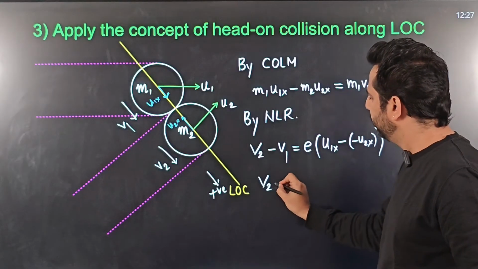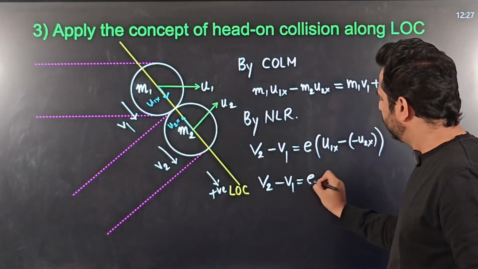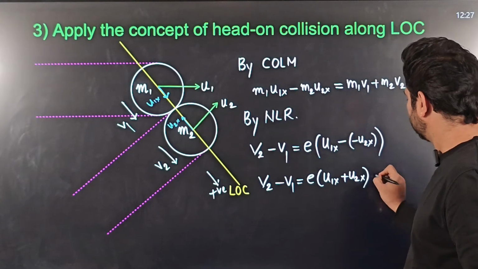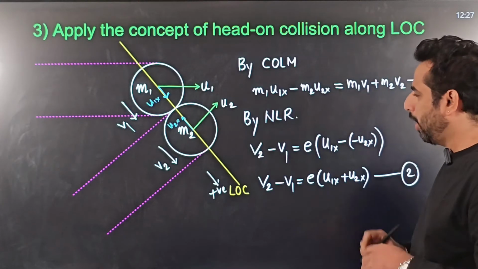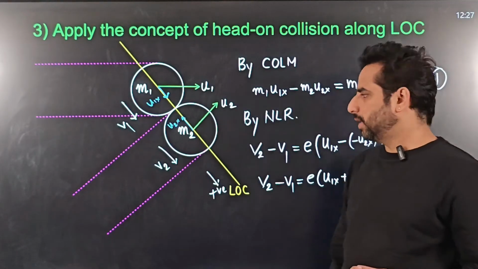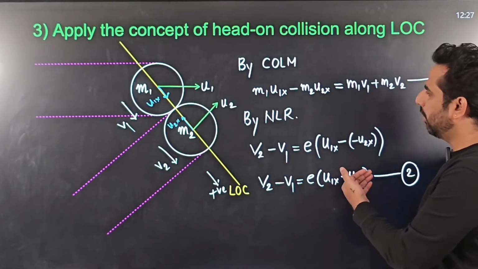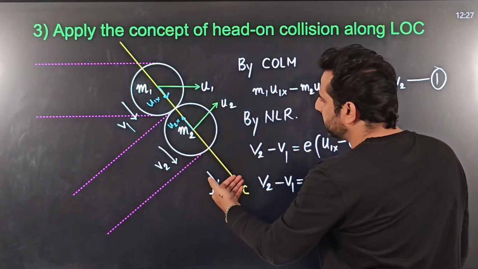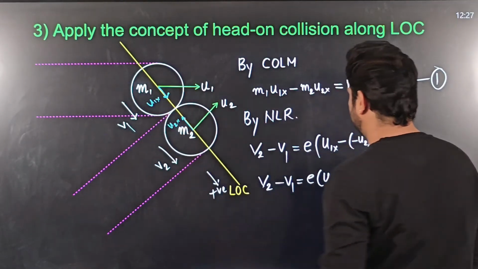So this turns out to be V2 minus V1 equal to E times U1x plus U2x in this case. Depending on the problem that you're dealing with, there can be difference in this plus and minus signs. I've taken this direction to be positive, so obviously the opposite direction is negative.